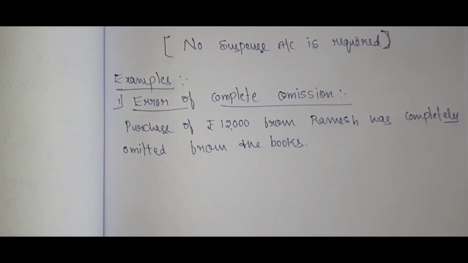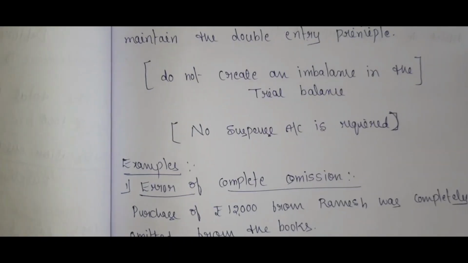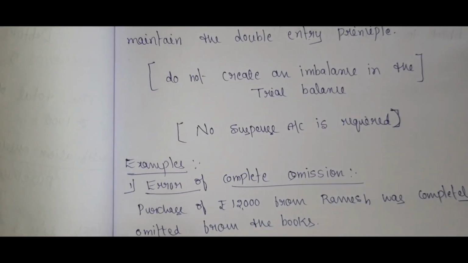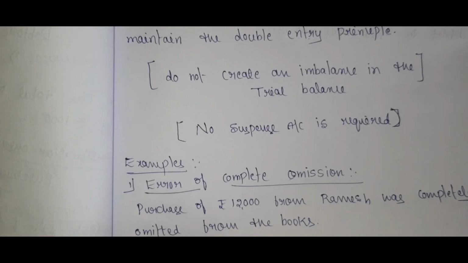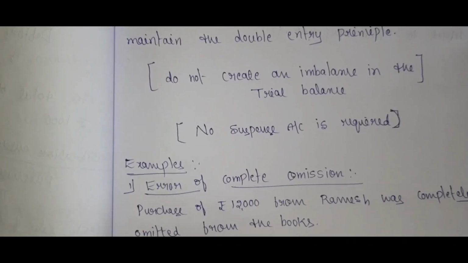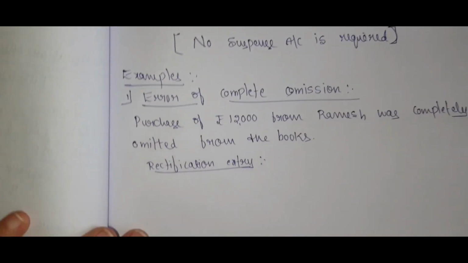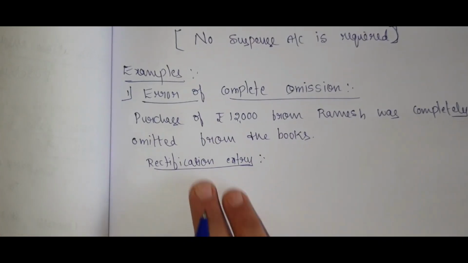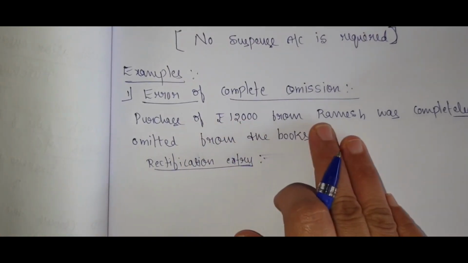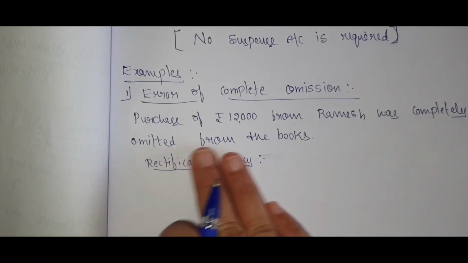What do we have to do then? We just need to pass the journal entry, that is only the rectification entry here. The purchase of rupees 12,000 from Ramesh was completely omitted from the books.